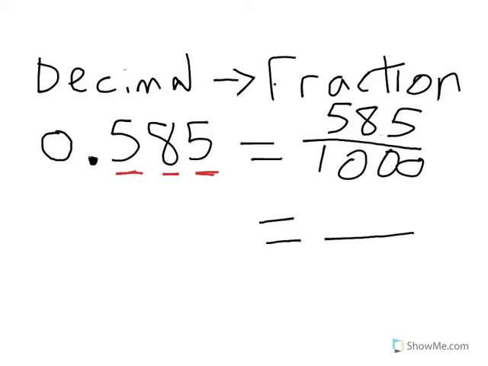So that ends up being 117, which is what 585 divided by 5 is. And then 1,000 divided by 5 ends up being 200. Okay, and that's in lowest terms now. The numbers that go into 200 are 2 and 5 in some amounts, and neither 2 nor 5 go into 117, so definitely in lowest terms. And that's how we convert from a decimal to a fraction. Just put it over the proper power of 10.